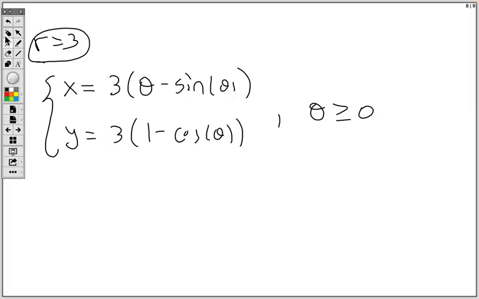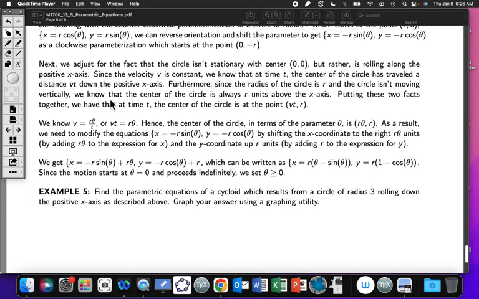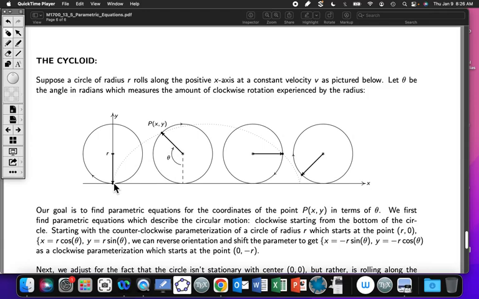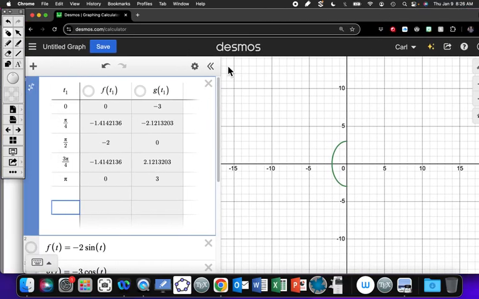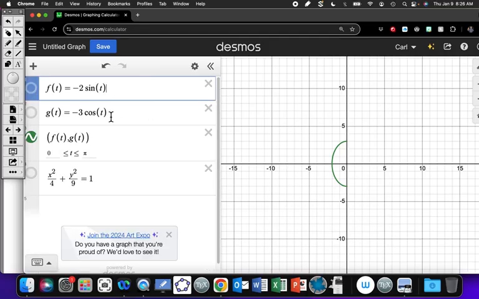Now, if you look at the diagram here, it kind of suggests what curve I should get. I should start here, and then as I'm rolling, I should get this arch, right? So as I'm rolling around, let's see if we can get that to match here. We're using t's instead of thetas. That's fine.